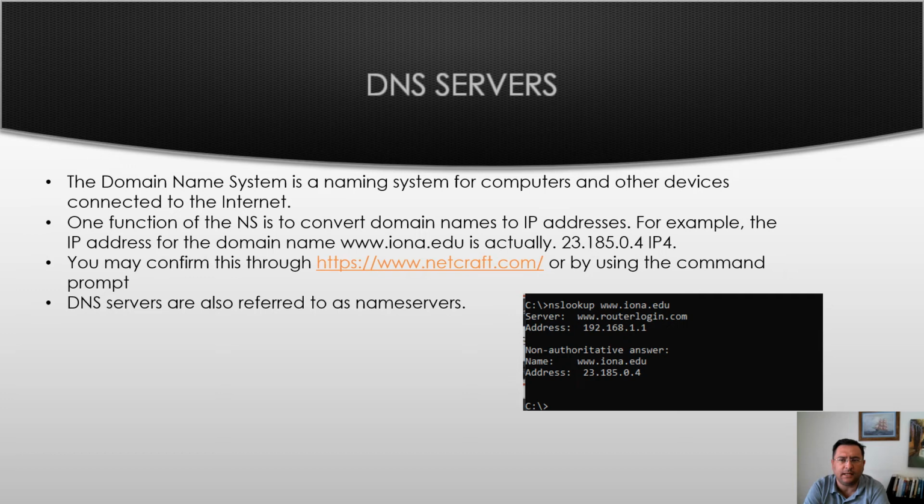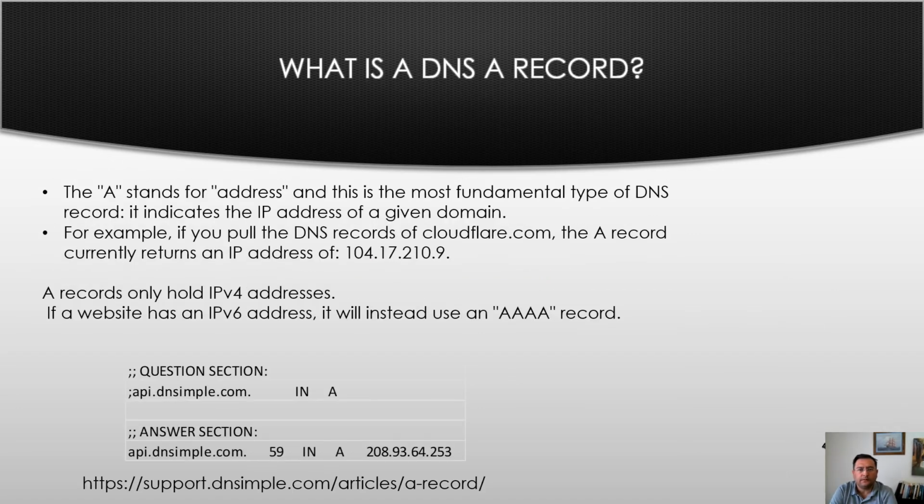For example, the IP address for the domain name www.iona.edu is actually 238504, and you may confirm this through Netcraft or by using the command prompt. Also, DNS servers are referred to as name servers. Remember that the domain name system is a naming system for computers and other devices connected to the internet.